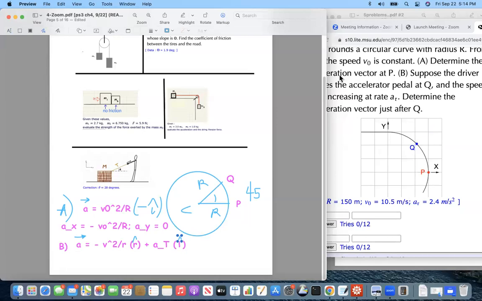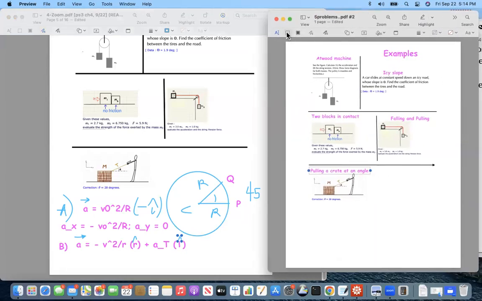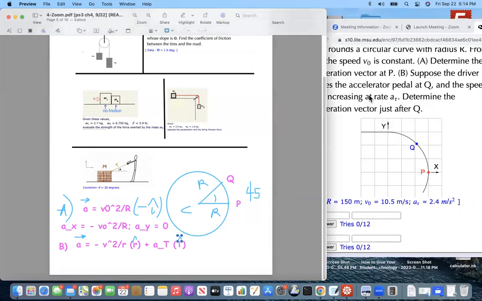Well, the driver applies the accelerator pedal at Q. So at Q, it's still moving with a velocity v0. But now it's accelerating, so now it has a tangential component of acceleration.